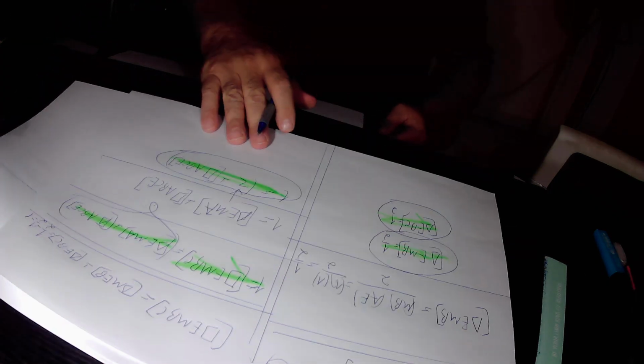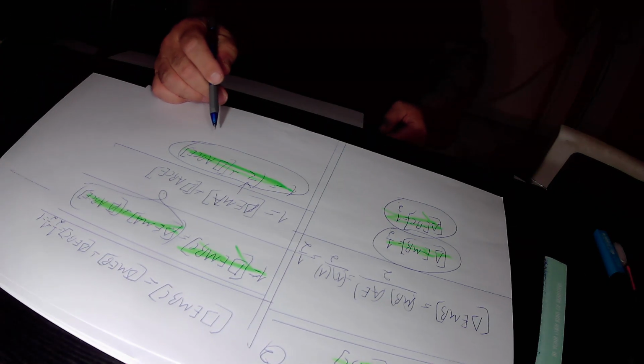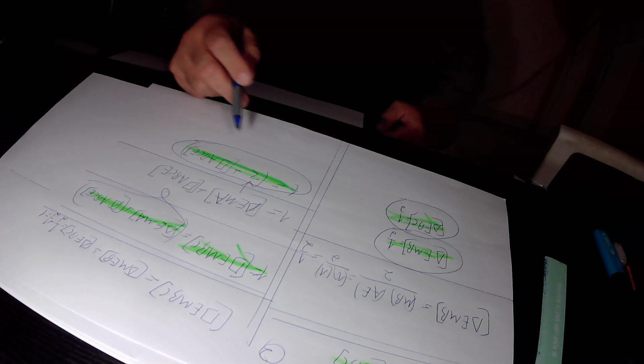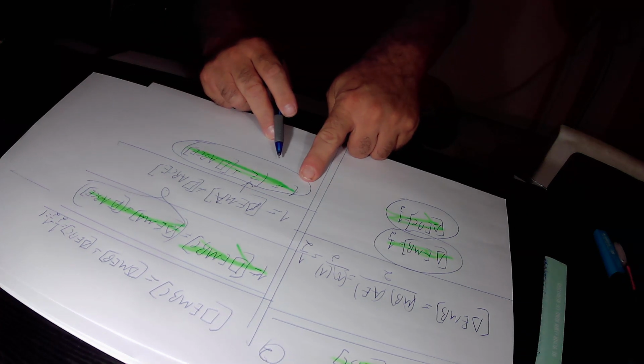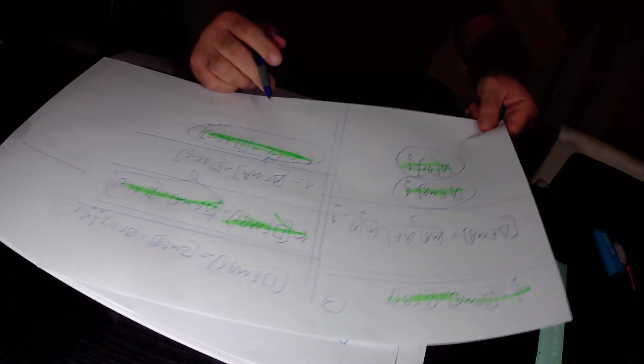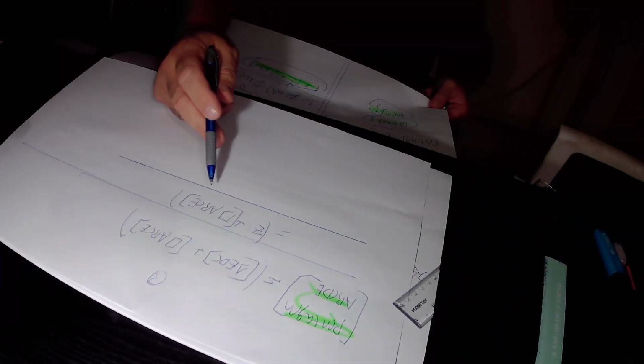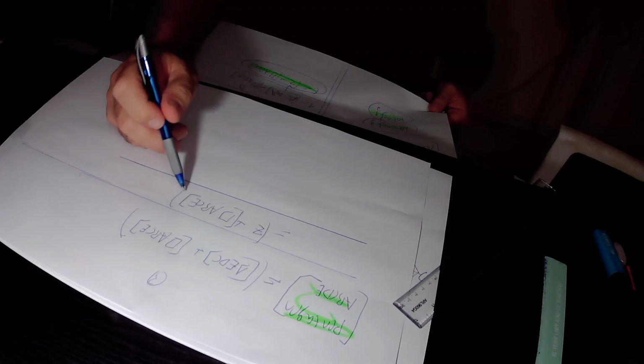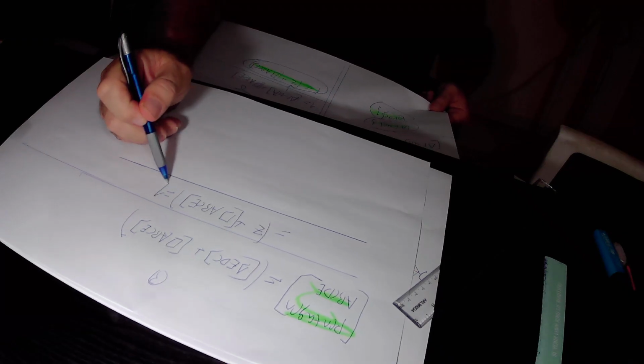But we already found that Z plus the area of quadrilateral ABCE equals 1.